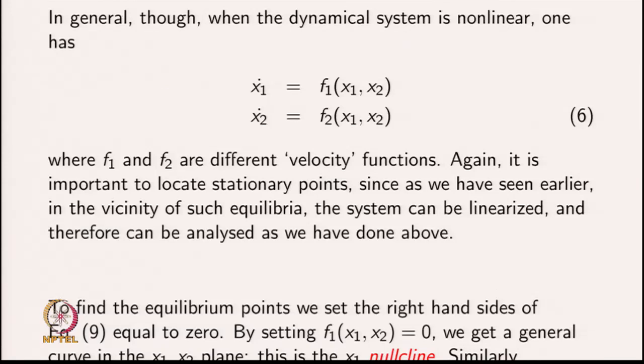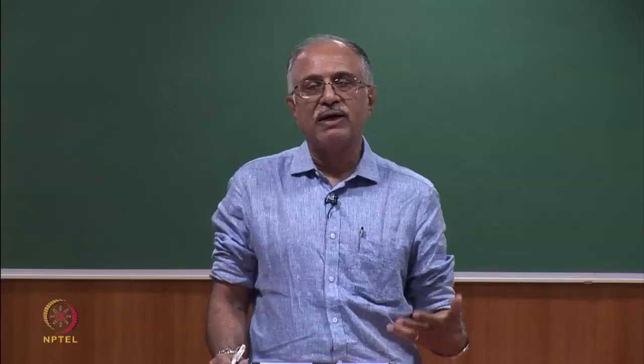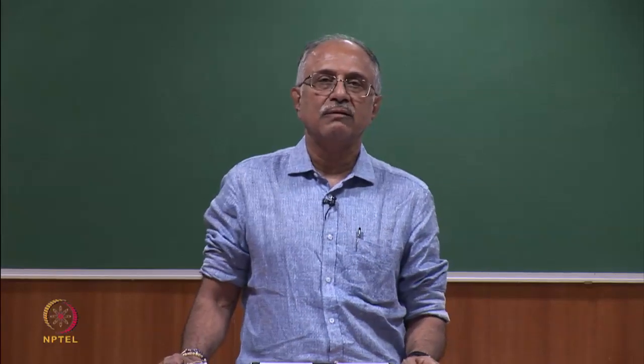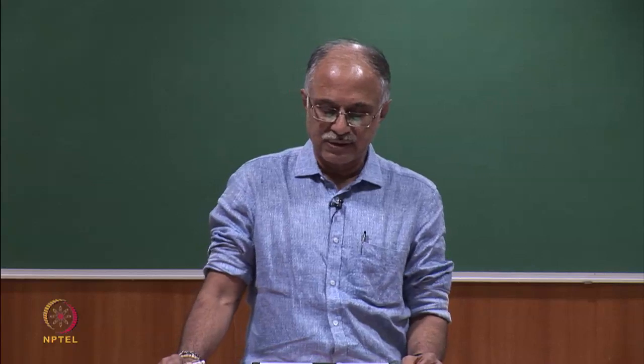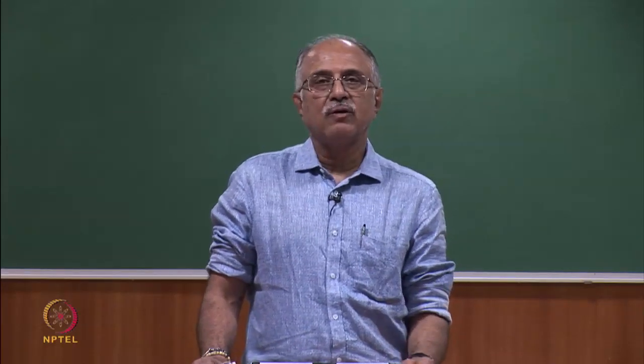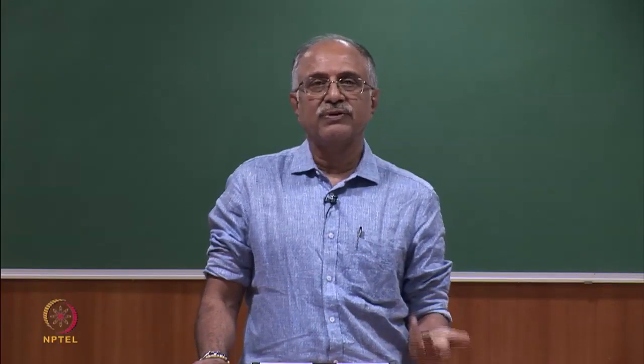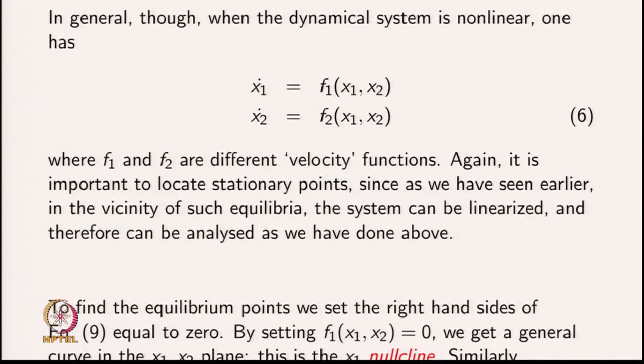The analysis, however, proceeds in the same way as we did in the one-dimensional case, where we considered nonlinear velocity functions. It's important to locate stationary points, and it's important for the following reason, that in the vicinity of such equilibria, the system can be linearized, and then we can analyze it in the way in which we have done earlier.